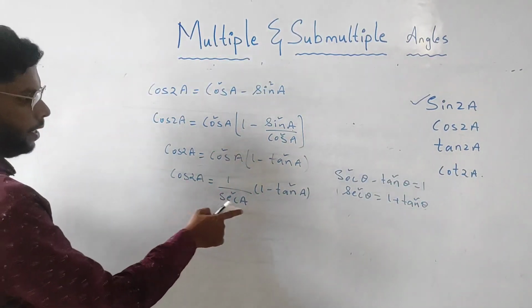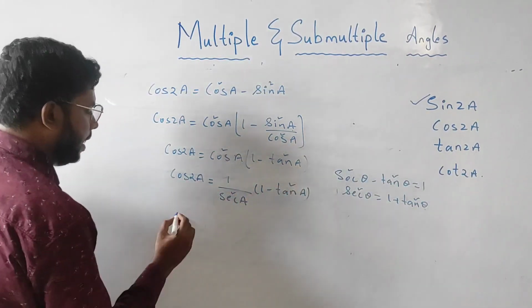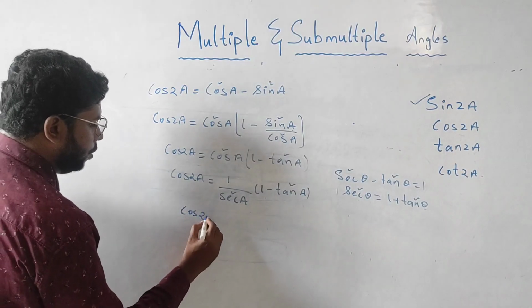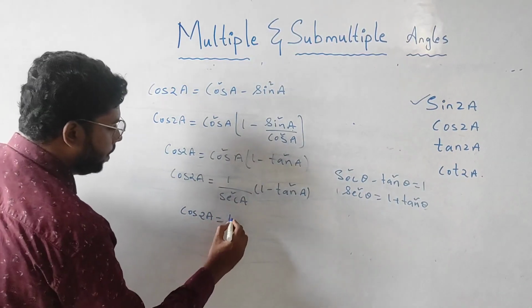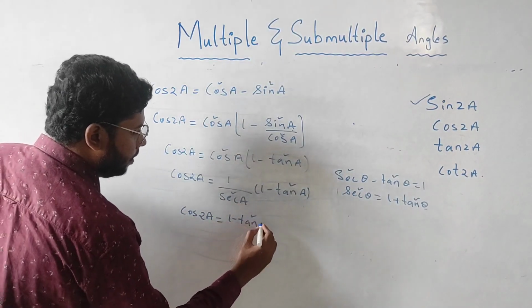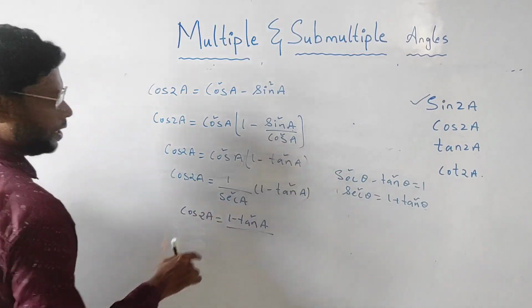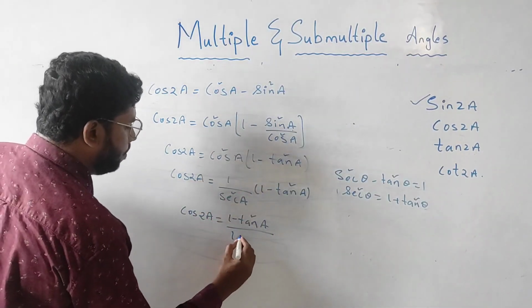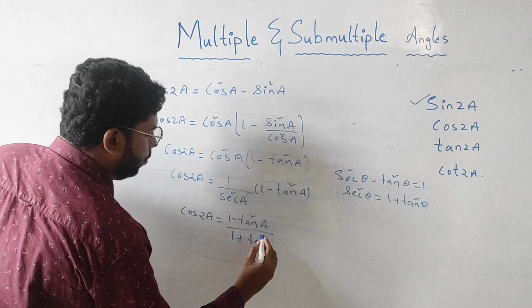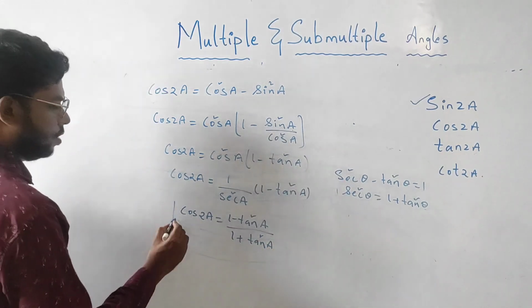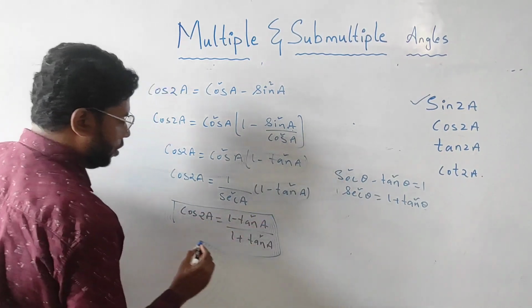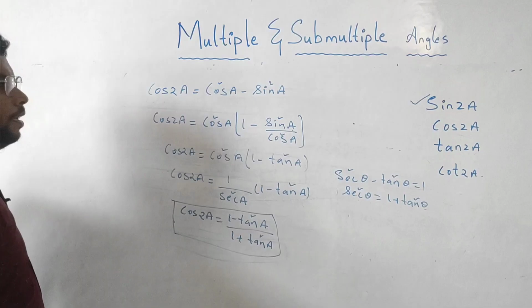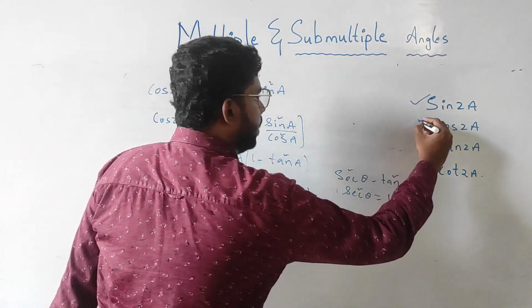So in the denominator, in the place of secant square I am writing 1 plus tan square a, and the numerator is as it is. So this is also one of the formulas of cos 2a. Now we have completed cos 2a also.